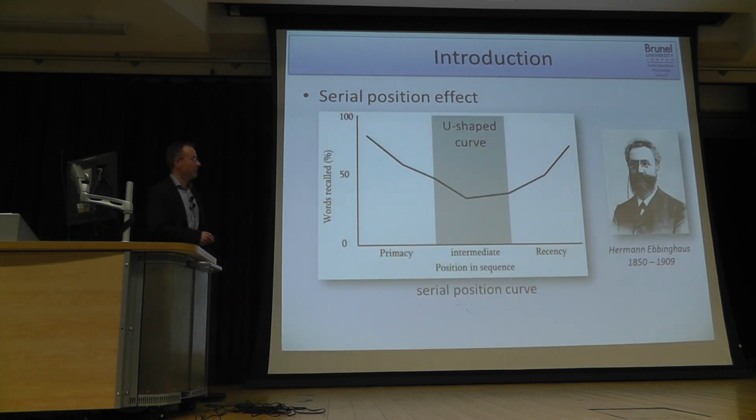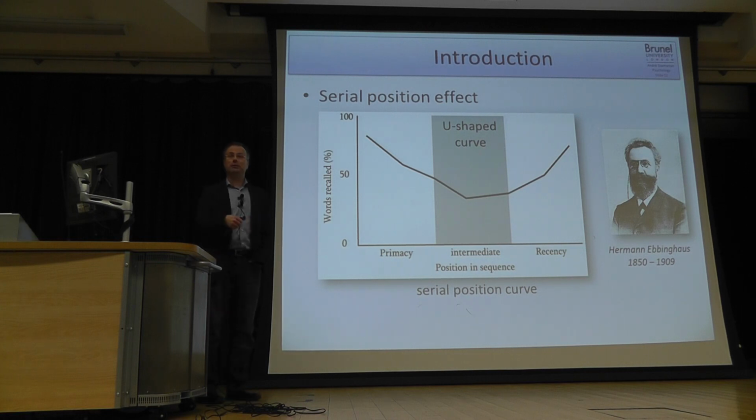It was first described by Hermann Ebbinghaus quite a few years ago. And this curve shows you here on this axis how good your recall is, so the higher the better, in percent. And here, the position of the word or the item, the picture, in the sequence. And this is called the primacy effect, that you remember the first words better, and that you remember the last words better is called the recency effect.